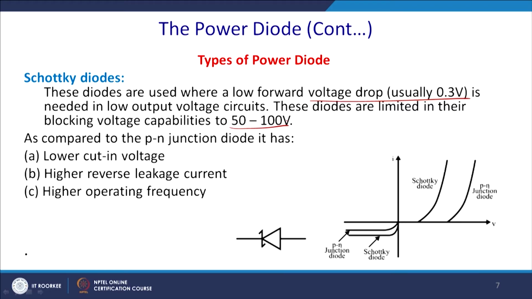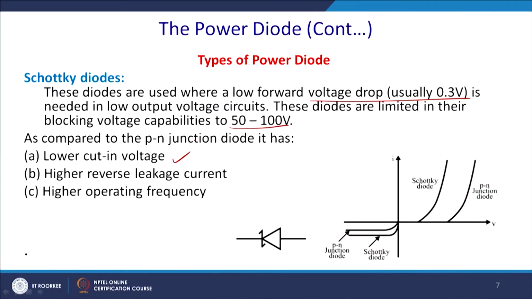As compared to the PN junction diode, it has a lower cut-in voltage, and a higher reverse leakage current, around 2 times higher than a normal power diode of the same rating. It has a higher operating frequency, so you can use it for SMPS and other applications.